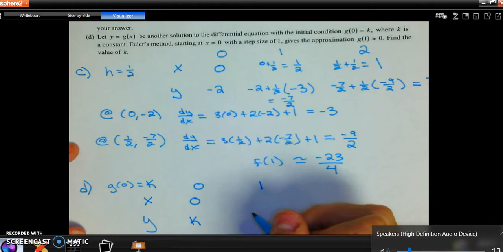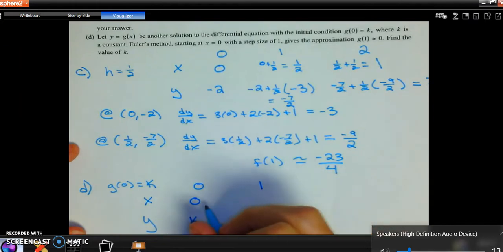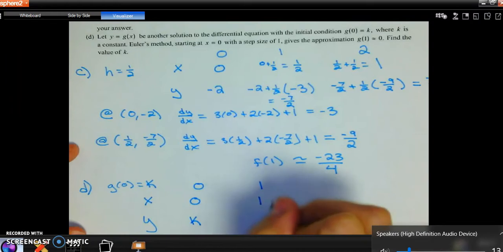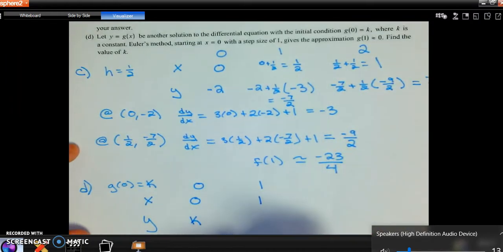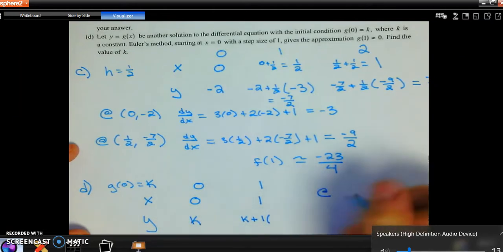And now it says with a step size of 1, obviously 0 plus 1 is 1 there. Again, I always make sure that this one matches the one I was trying to get, so that's good. And now I have to figure this out. Well, it's going to be k plus, my step size was 1, parentheses, what you get when you plug in the previous points. So I always do my little scratch work.